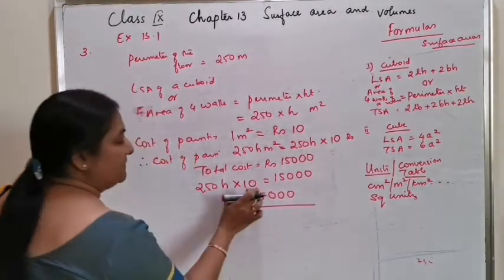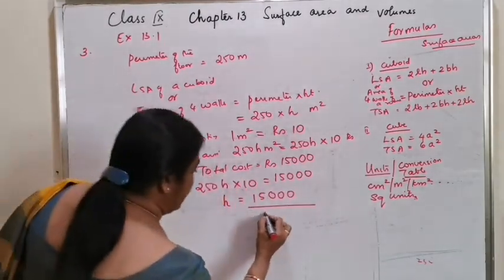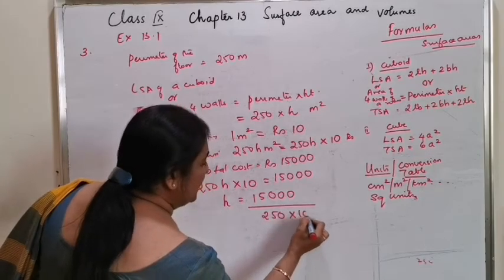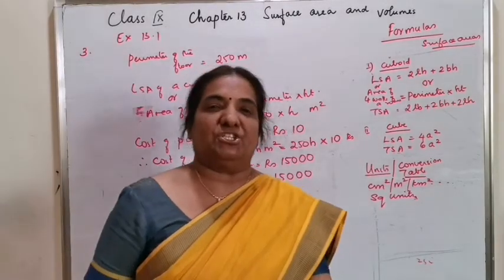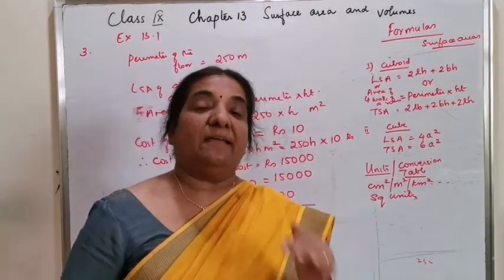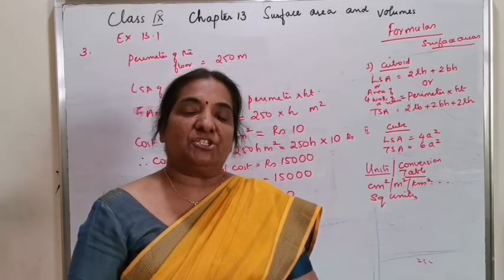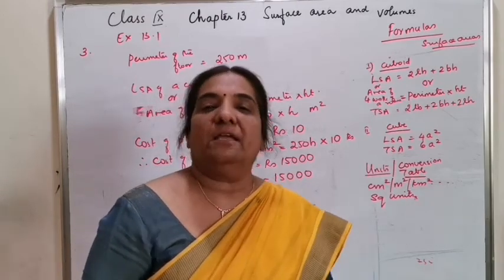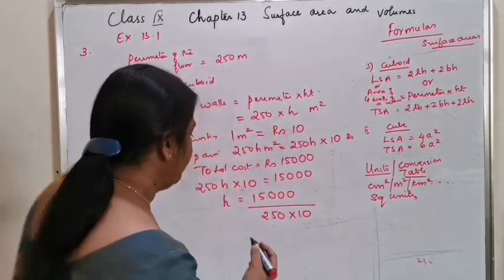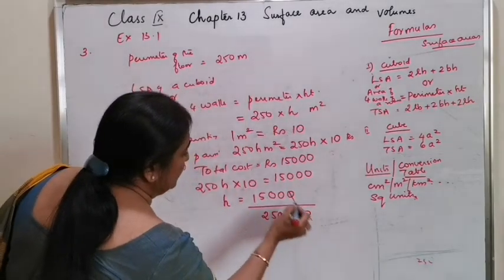15,000. Don't multiply here because it will get simplified. In class 9, this is the procedure. You will not multiply. Wherever you see simplifications, only in the final answer do you multiply. 0, 0, 0, 0.